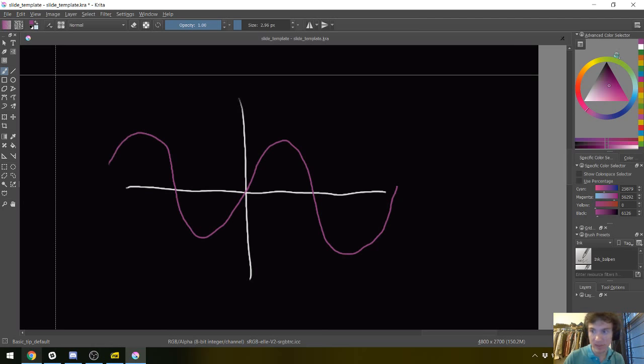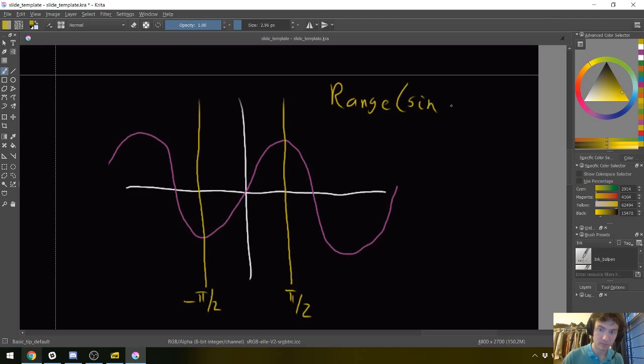So the range of sine inverse, which is the domain of this restricted sine, is minus pi over 2 to pi over 2.